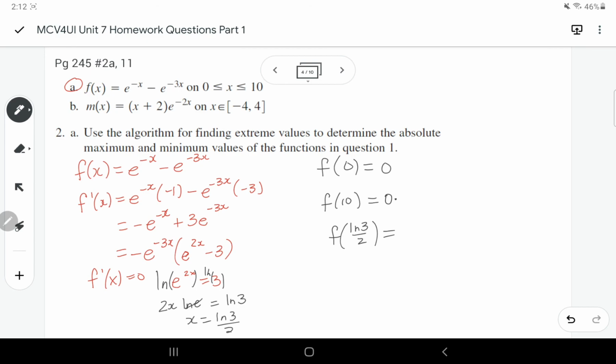And that's really, really little, 0.000045399. Like that, really little. And I'm guessing that this would be a maximum, but let's figure this out.